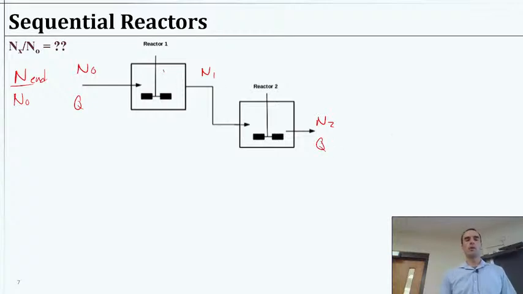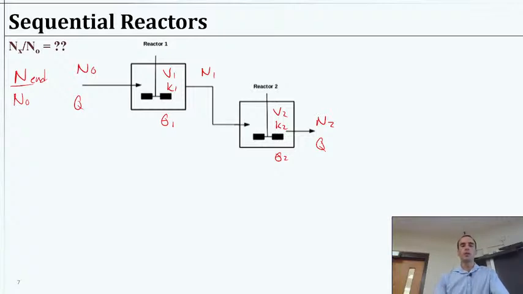We have some volume 1, volume 2. We might have one particular reaction in here, a different one in here. We could look at a system that might have different dimensions, and that would correspond with some theta 1, theta 2. This is showing 2 CSTRs in series.